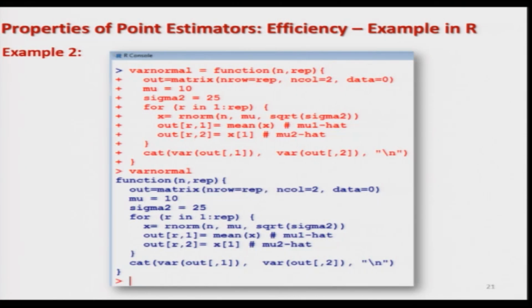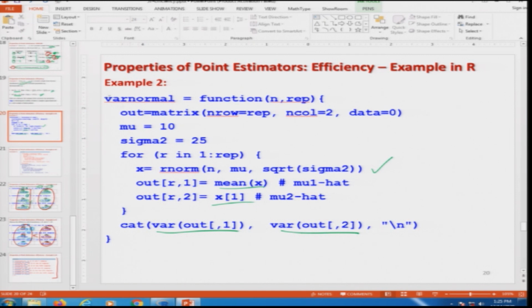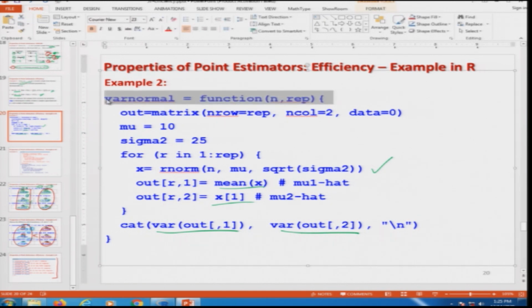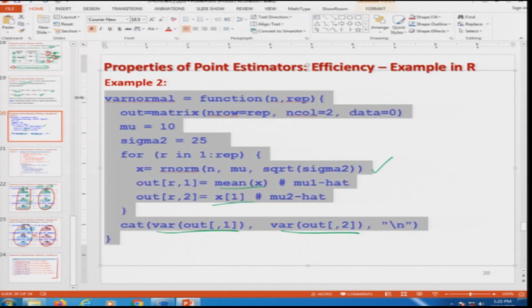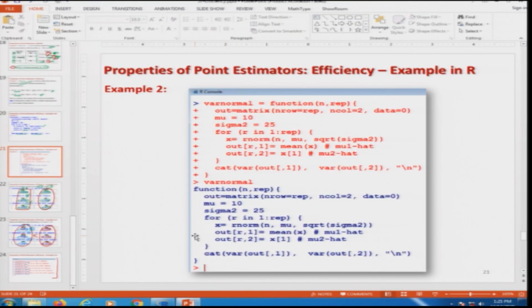Now, let me try to show you this thing on the R console, and then we are done with this lecture. So, I copy this program on the R console, you can see here, and then I execute it.